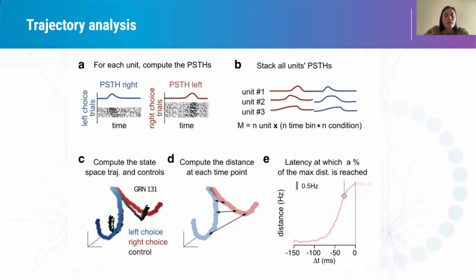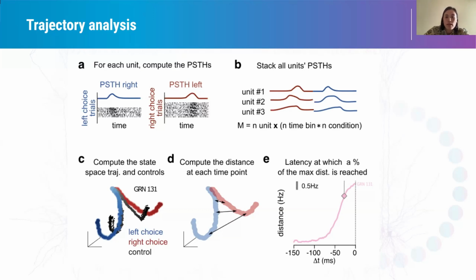the choice variable. What we need to do is take the activity for each neuron and compute the PSTH, or the peristimulus time histogram, around our event of interest, which in this case is the first movement time. For each unit, we get an averaged activity of how this neuron responds around this fixed time interval.